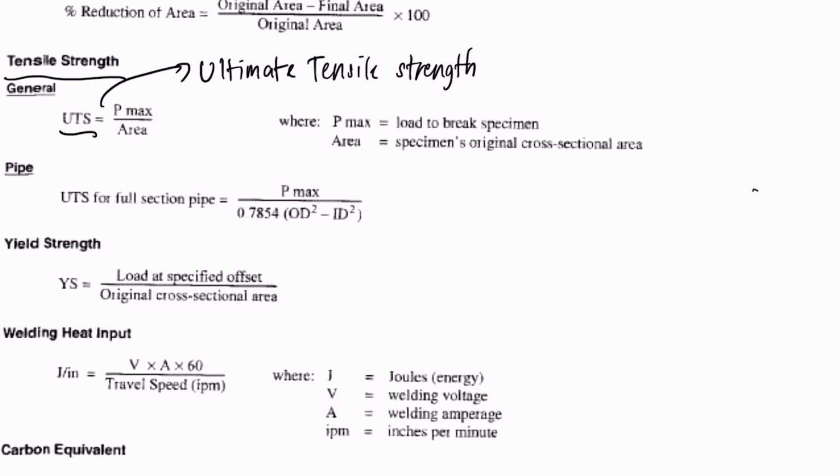The Pmax here is the load to break the specimen, and the area is the specimen's original cross-sectional area. To illustrate, the cross-sectional area is the cross-section normal or perpendicular to the force.